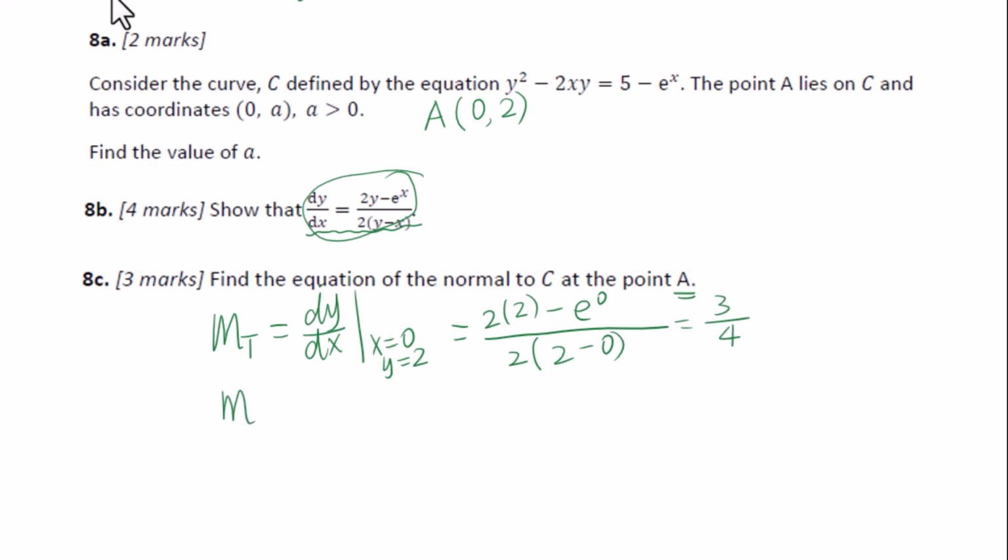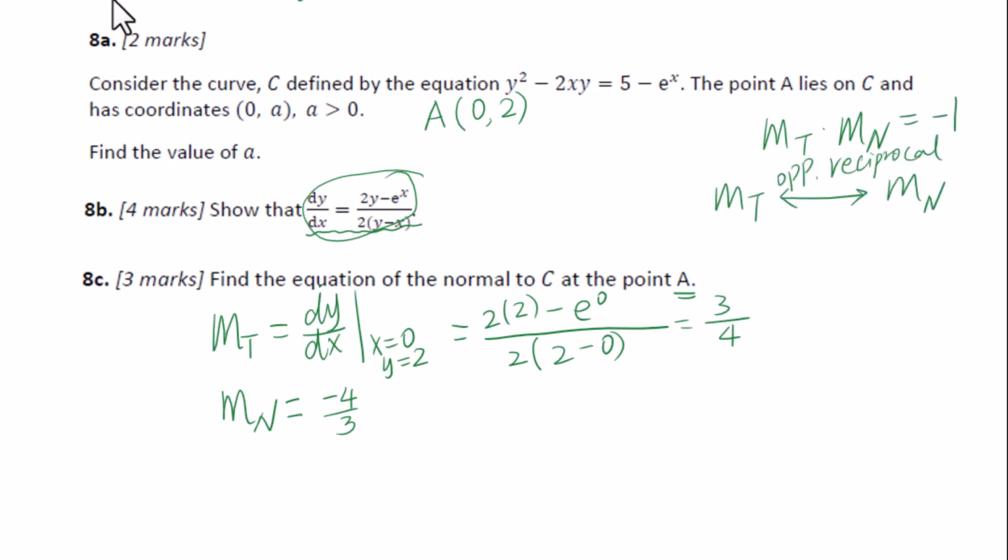Therefore, the slope of the normal line equals -4/3, because the slope of the tangent line times the slope of the normal line equals -1. We will use point-slope form to figure out the equation. We are given the coordinates for A is (0, 2). y minus y1 equals slope times (x minus x1).